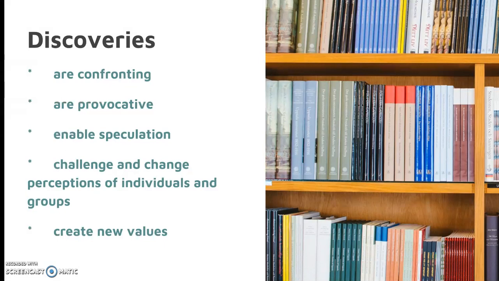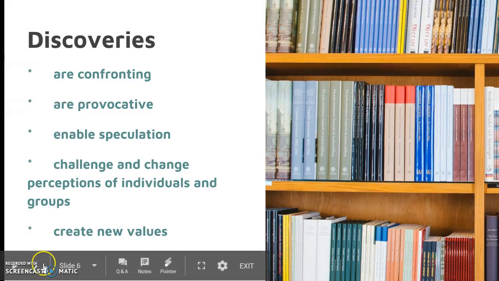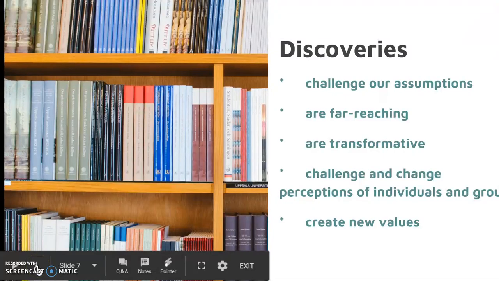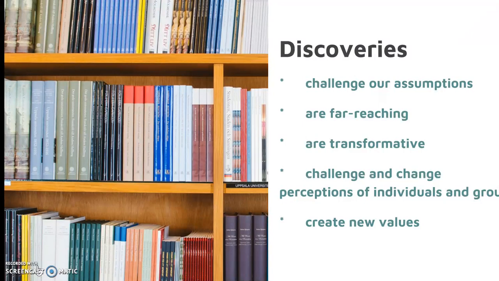In my class, we've talked about a couple of words. We talked about serendipitous discoveries, so a sudden but happy discovery, and also the discovery of something that we then choose to remain hidden, that we don't allow people to know about. The other thing is that discoveries can challenge our assumptions. They can be far-reaching and transformative.